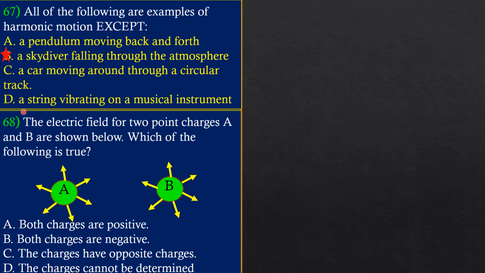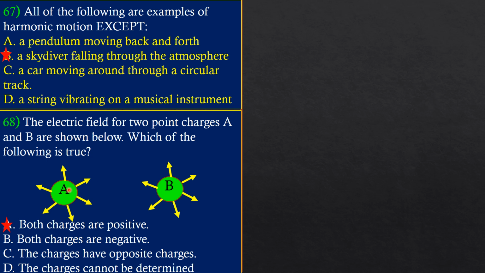Question 68 is saying that the electric field for 2 point charges A and B is as shown below. Which of the following is true? A, both charges are positive. Guys, this is the best option we can take, even without looking at the rest. Option B is that both charges are negative. Wrong. If they were negative, the fields would have been entering the charges, not leaving, as the arrows suggest here.